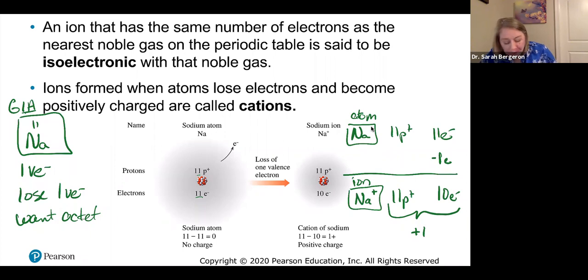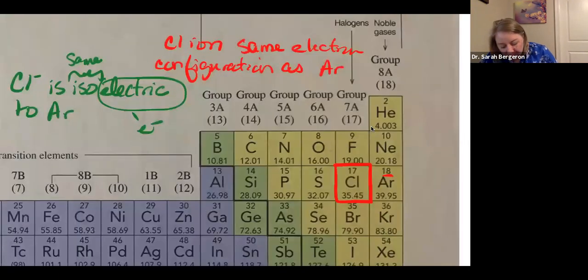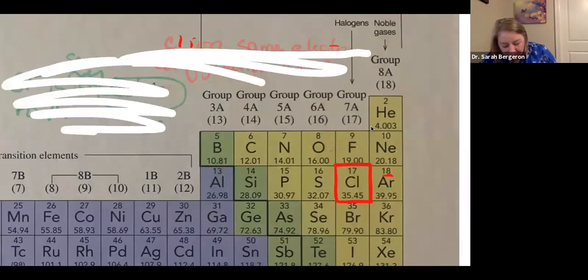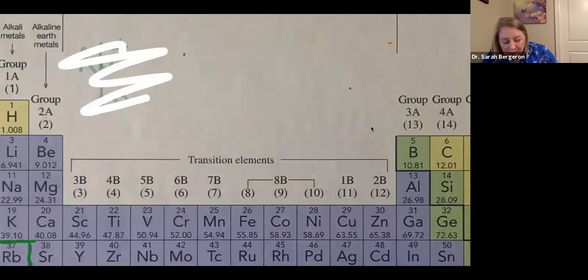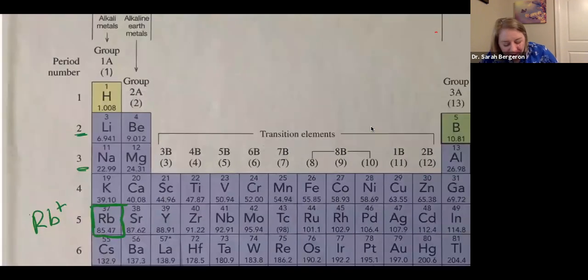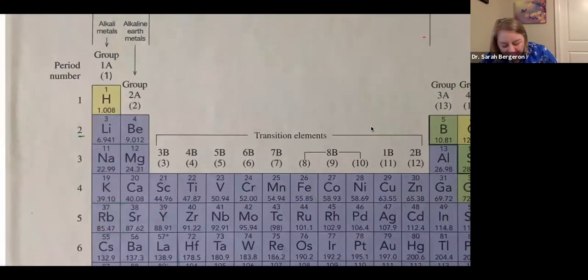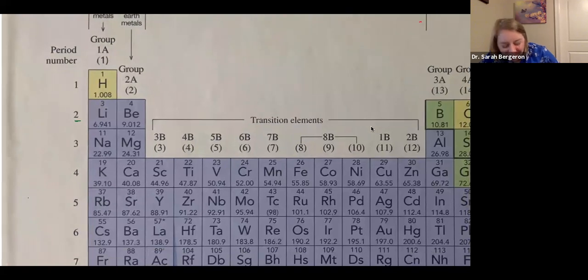Okay, so let's go and see, what is it isoelectric to? Let's erase this stuff, right? I want to erase all this. All right, here's sodium right here. It started out with 11 protons and 11 electrons.